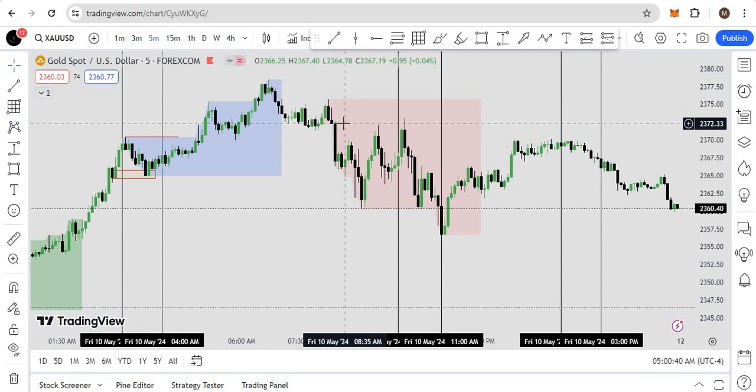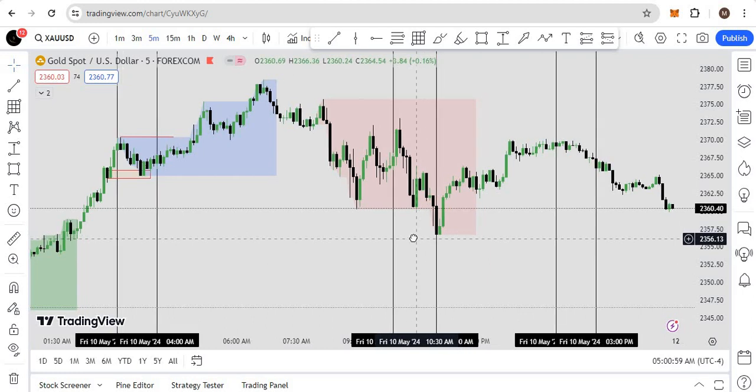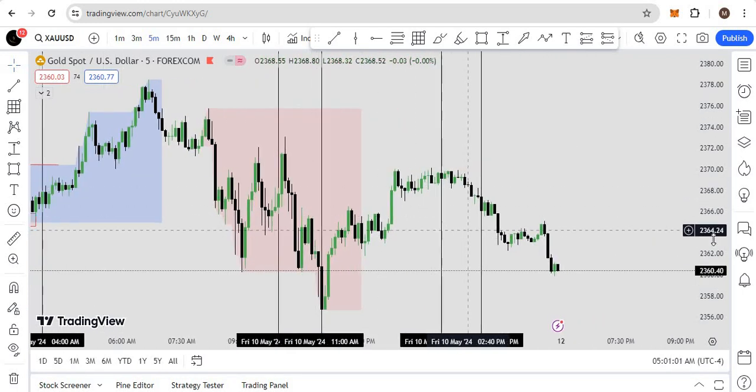You have to note this point, folks. Listen, it should not close above this one, because the bodies represent the price action, not the wicks. These wicks can be acceptable, but if a body closes above this fair value gap, then the scenario will be different. And we have the liquidity that can be targeted here as well.